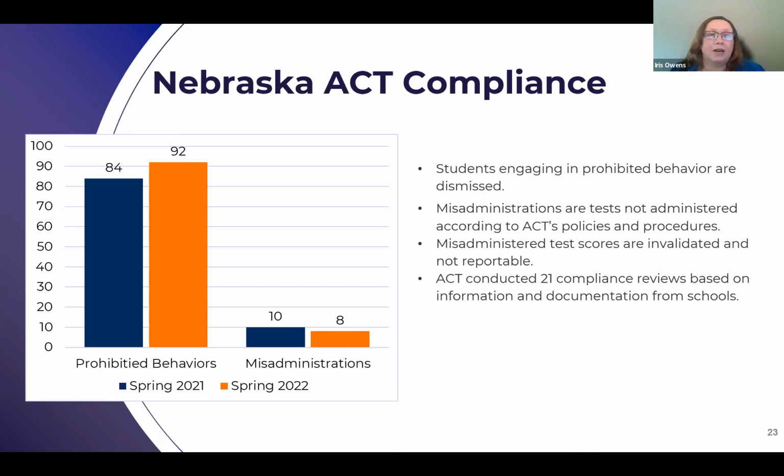I don't know that we can ever get these numbers lower than they are, but we could try. So that's what we're working towards. But I'm really excited about the misadministrations and how low that number is, because you guys are working as hard as you can with that. Appreciate that.